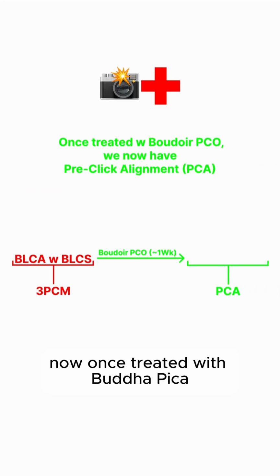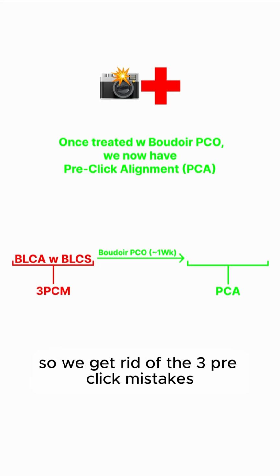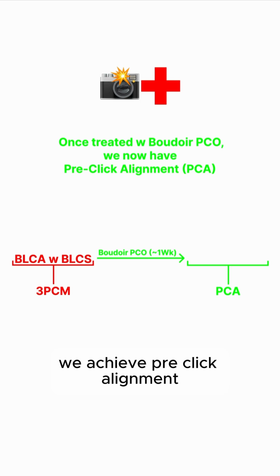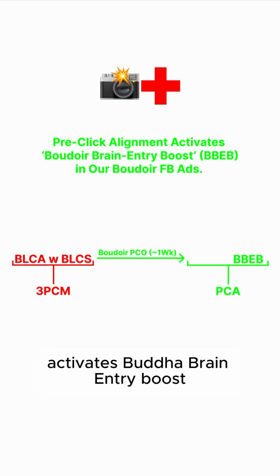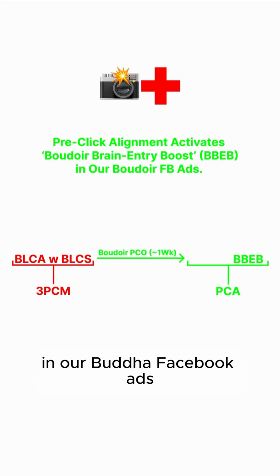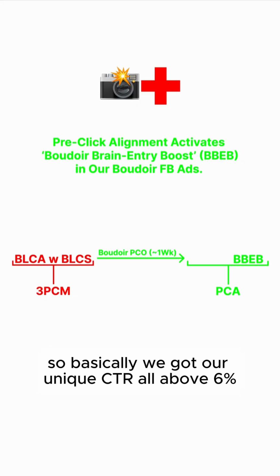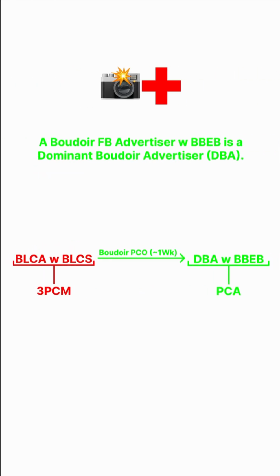Now, once treated with Boudoir Pico, we have pre-click alignment, PCA. So we get rid of the three pre-click mistakes. We achieve pre-click alignment, and pre-click alignment activates Boudoir brain entry boost in our Boudoir Facebook ads. So basically, we got our unique CTR all above 6%.